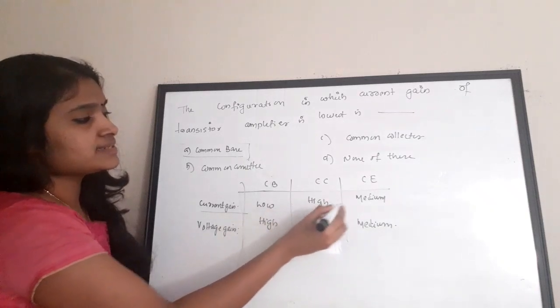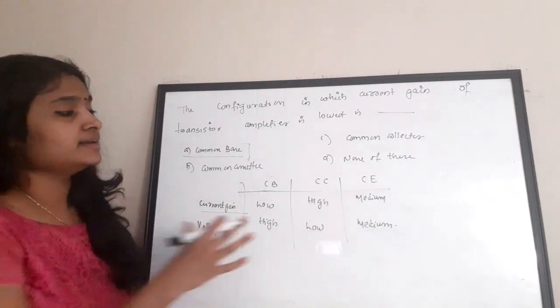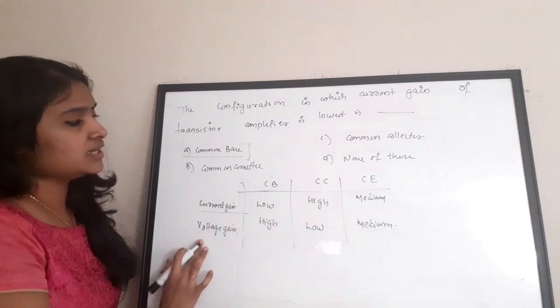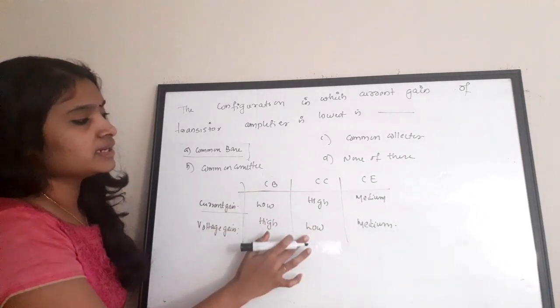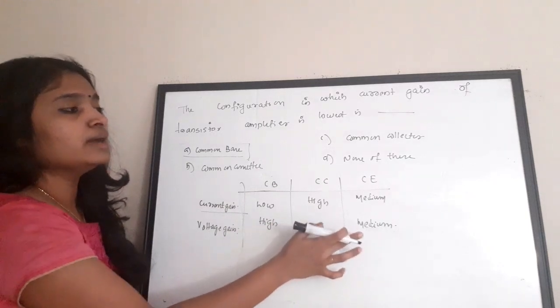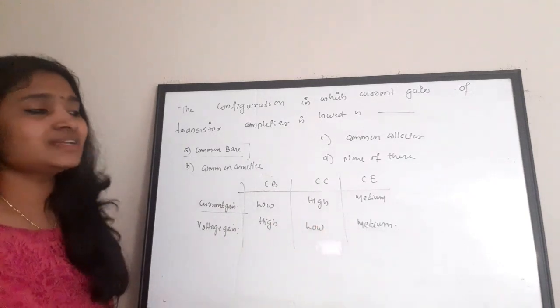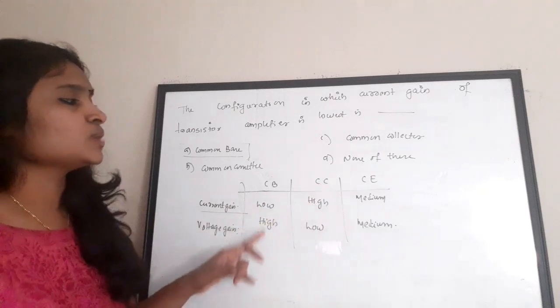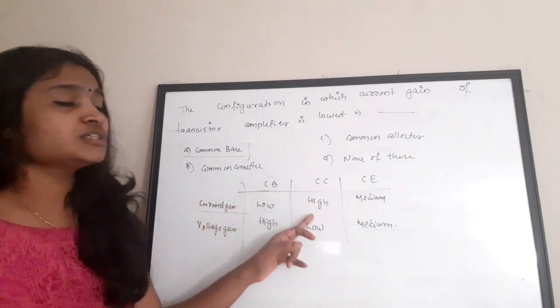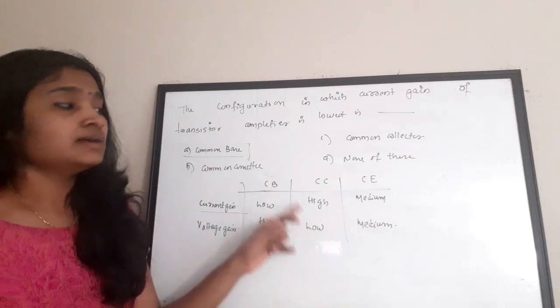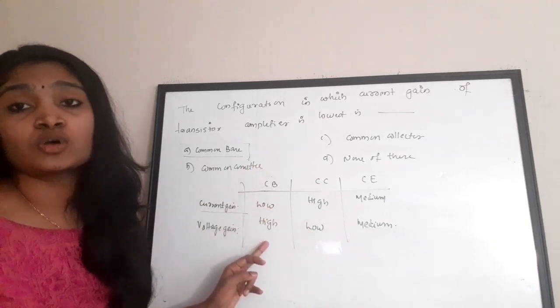Common collector has the highest current gain, and for voltage gain, common base has the highest voltage gain, common collector has the lowest voltage gain, and common emitter is medium. It is very easy, you just have to study the highest ones for current gain and voltage gain. For current gain, highest is common collector and voltage gain is highest for common base.